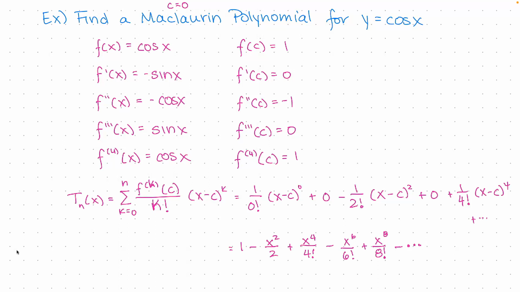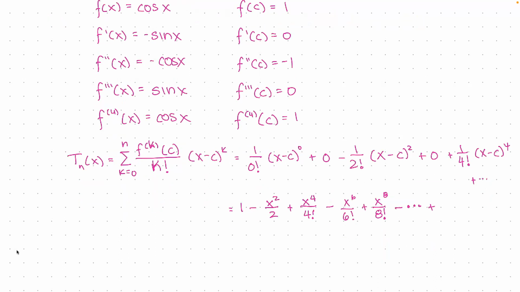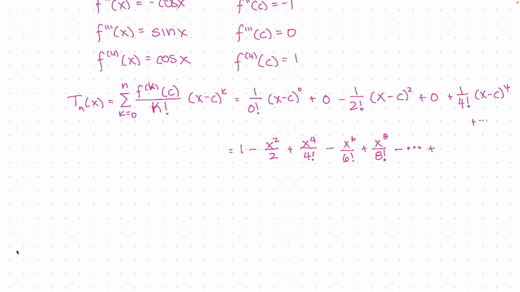Let's see if we can find a way to represent the nth term. We're going to generalize. So if this is the first term, second term, third term, fourth term, fifth term, how can we generalize to the nth term? Well, the exponents go from 0, 2, 4, 6, 8. Think of it this way. That's the first term. That's the second.